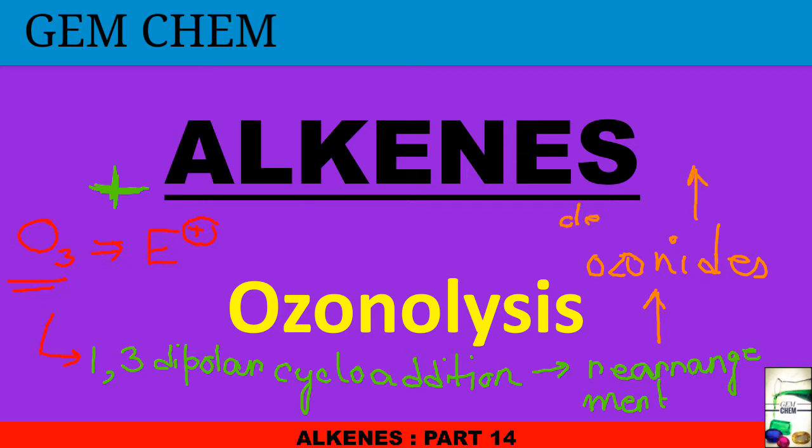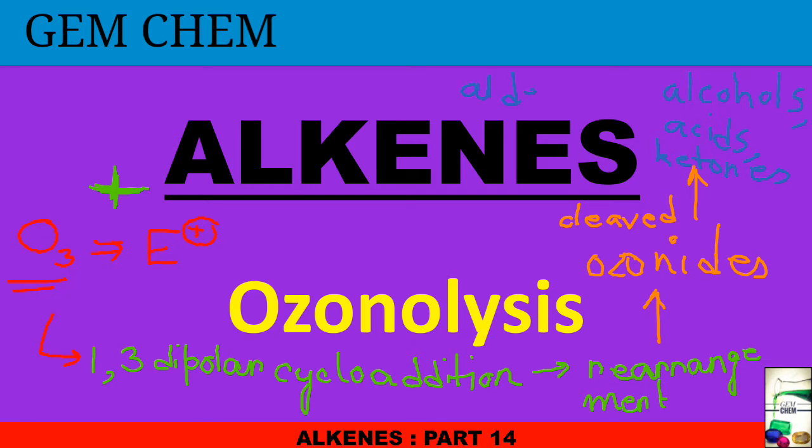This ozonide gets cleaved to produce something important: depending on the reagent, it can produce alcohols, carboxylic acids, and carbonyl compounds like ketones and aldehydes.